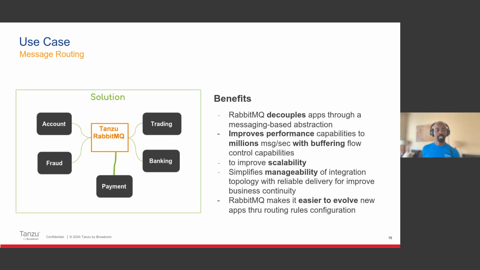So to address this, many of our customers are converting from synchronous APIs to asynchronous messaging in order to decouple services. There should be a level of comfort by adding a performance solution like RabbitMQ in the midst to address performance and scalability.